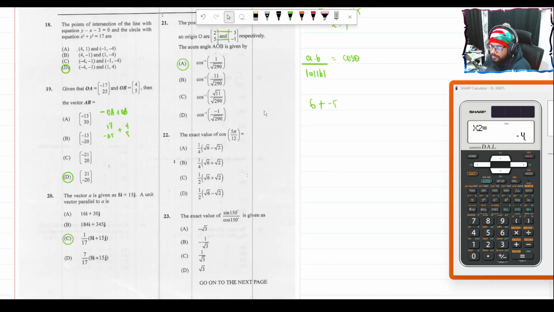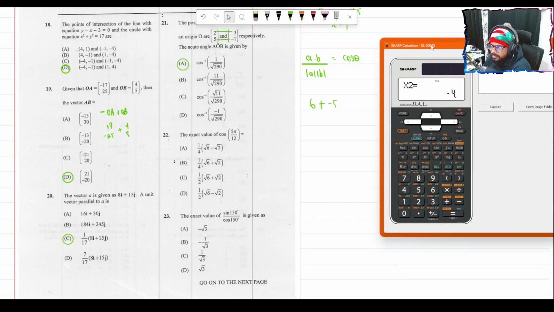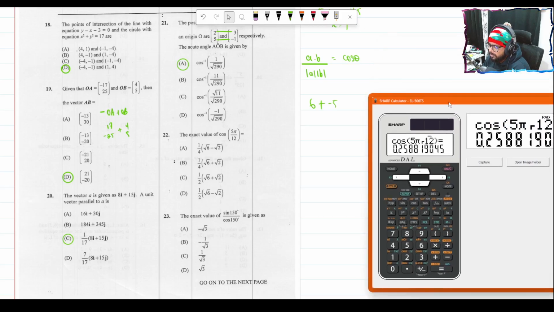The exact value of cosine of 5 pi on 12 is, well, we don't have to work it out. Change the calculator to radians. Cosine of 5 pi on 12 is 0.258819. We did this one already, I remember writing down this question.